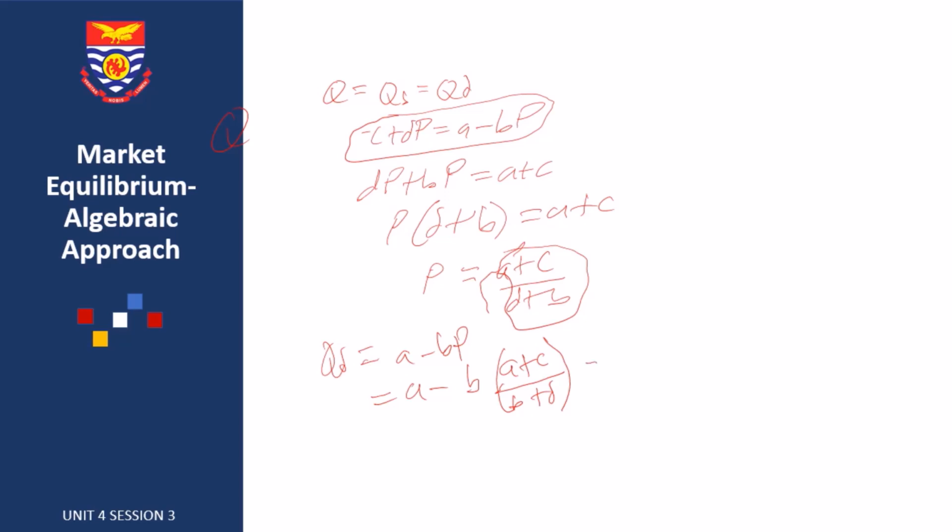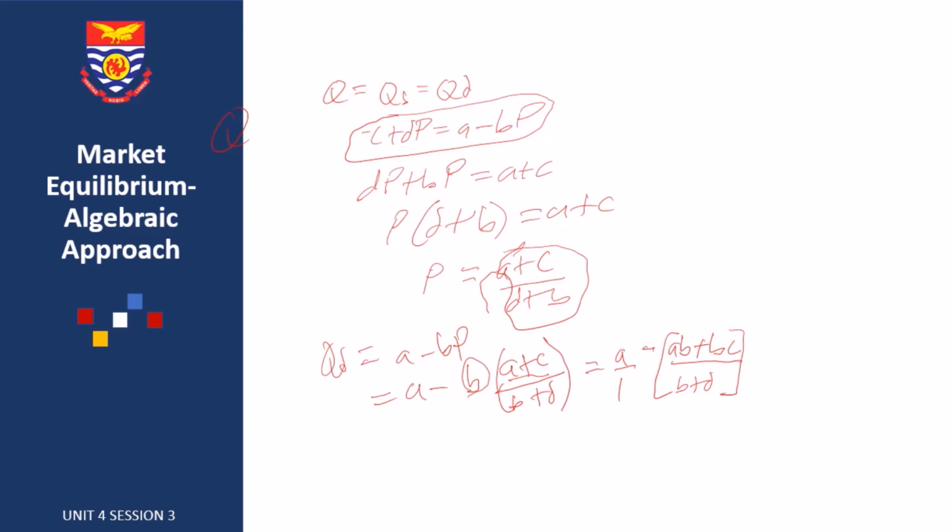So I have something like A over 1. Then this will give me AB plus BC. This B will just multiply the numerator part of the fraction, and I'll have my B plus D. I'll close my bracket. Now, what will be the LCM?